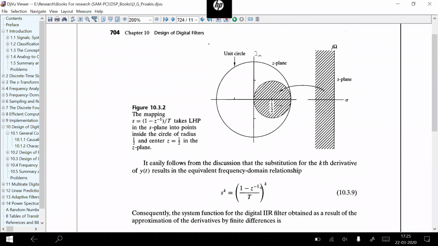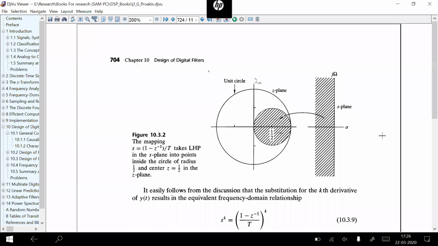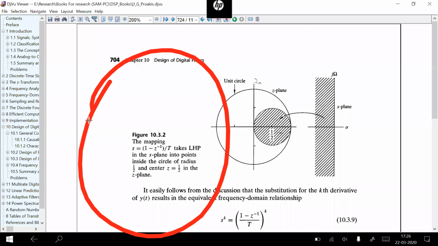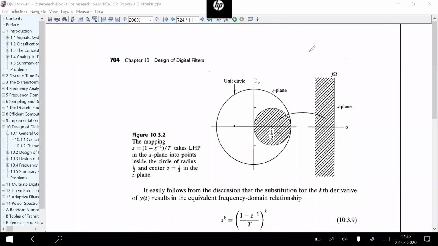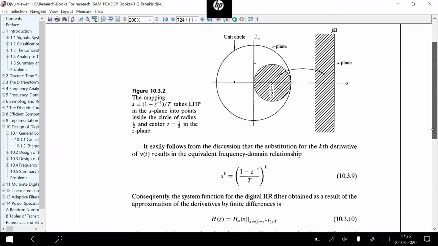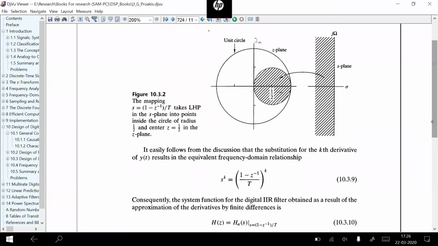Please go to page number 704, this particular page, and understand what this figure 10.3.2 is.